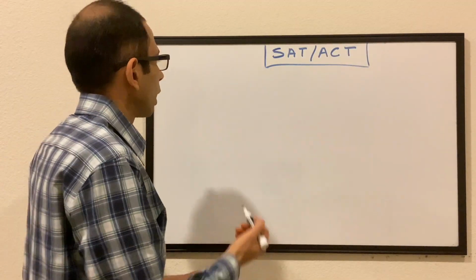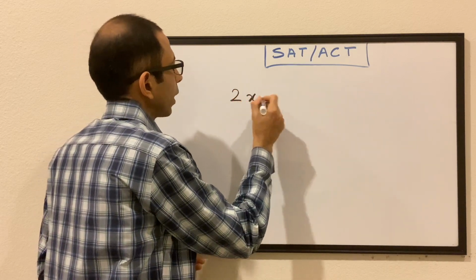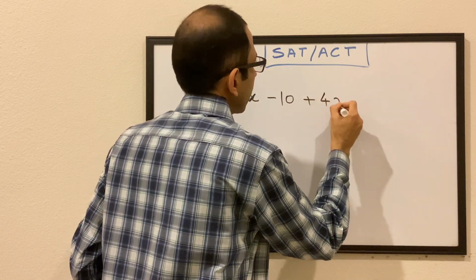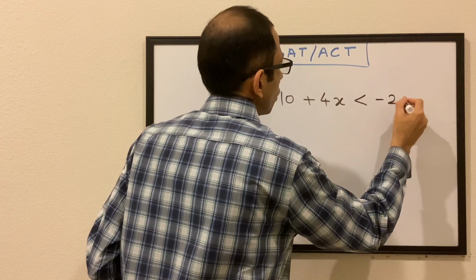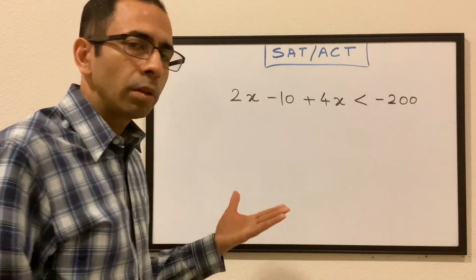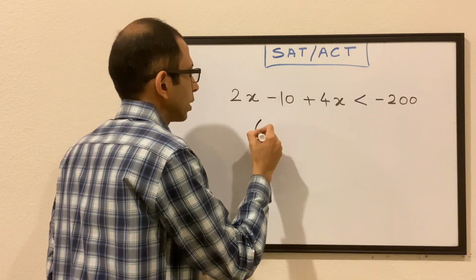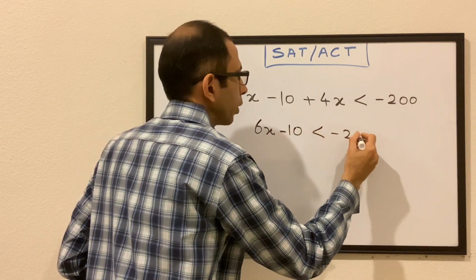So let's say that we have an inequality something like 2x minus 10 plus 4x is less than minus 200, right? As we would do in an equation, we will combine the like terms. So 2x plus 4x is 6x minus 10 is less than minus 200.